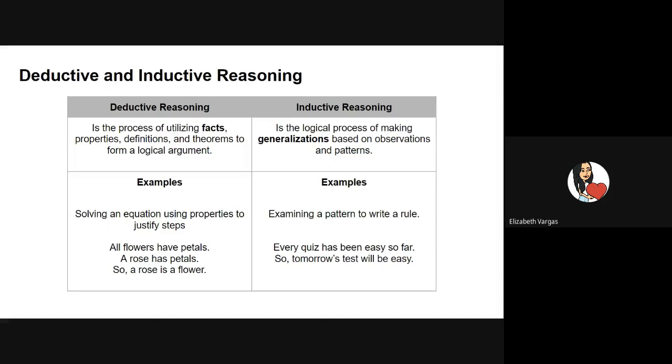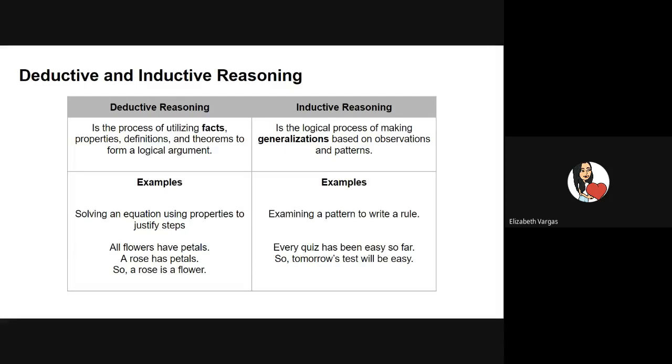For example, examining a pattern to write a rule, or: every quiz has been easy so far, so tomorrow's quiz will be easy. Well, just because every quiz has been easy so far doesn't necessarily mean that tomorrow's quiz will be easy as well. So inductive reasoning is more like things we see in everyday life, so we just assume that those are facts.